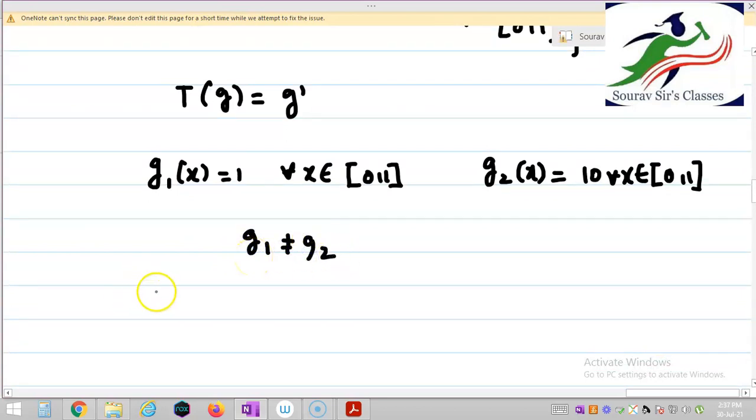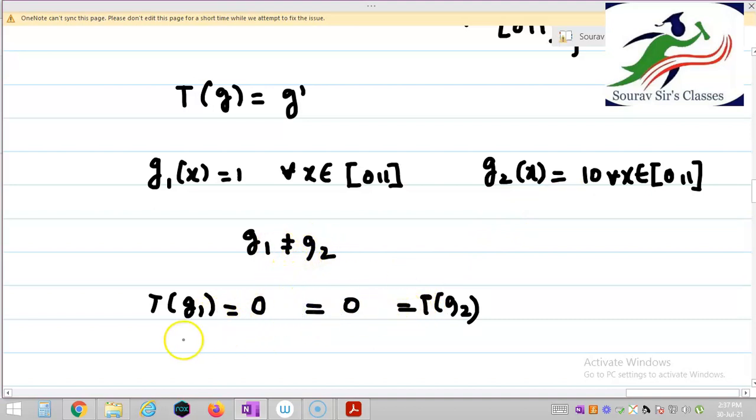Let's find T of g1. T of g1 is equal to this derivative, as this function is constant, so that would be 0. And T of g2 is equal to, again g2 is constant, so its derivative would be 0.